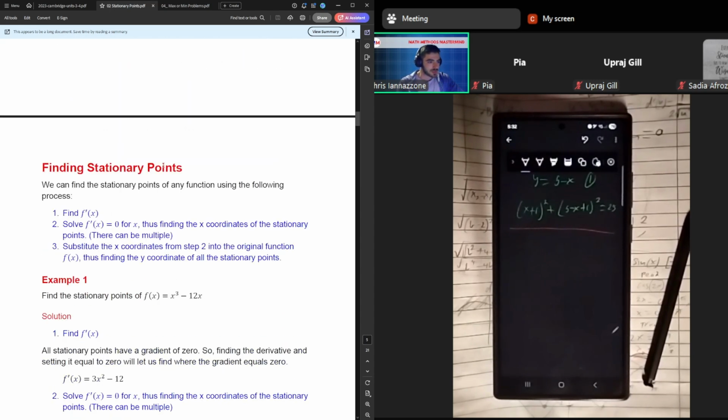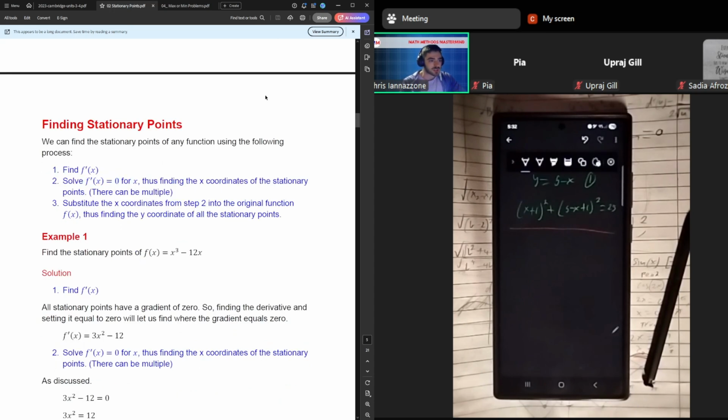But okay, so what does calculus actually allow us to do here? Well, we can find all those stationary points because every stationary point is going to have a gradient of 0. And so if the derivative is all about finding gradients, then all we have to do is find the derivative and set it equal to 0, because we want to find all the spots on the graph where the gradient is 0.